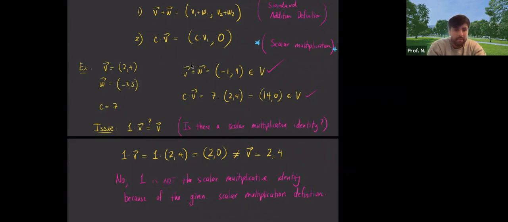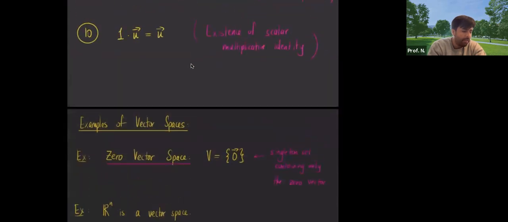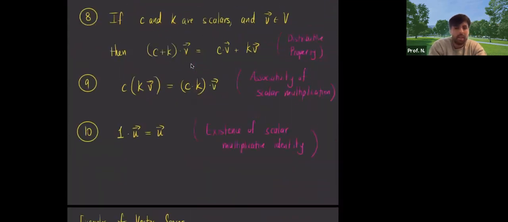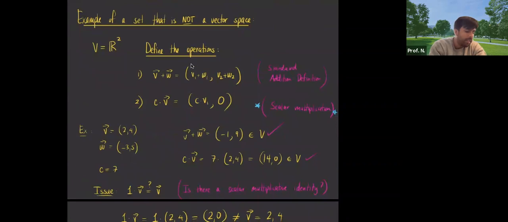So the way the scalar multiplication is defined results in one of the axioms, one of the properties, not being met. Because what's the last axiom? It's something you would expect: if you have a vector and you multiply by the scalar 1, you get back that vector. That's what we would expect. But this operation was defined in a strange way.